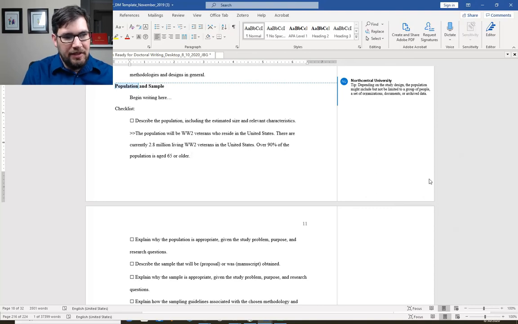Anything that's interesting or crucial to your study: estimated size, which we're doing, and relevant characteristics. Only 3%, I'm making this up, so you'd want citations, only 3% are active in the workforce.